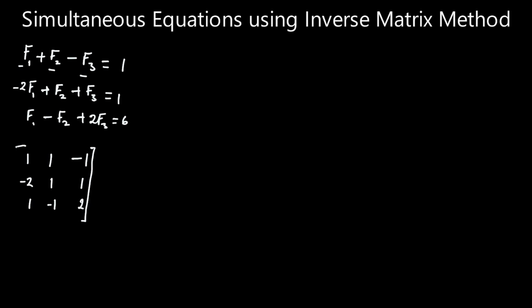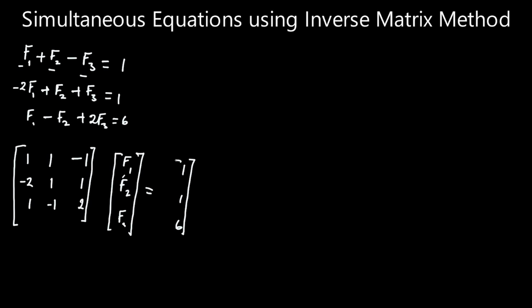So we can see that this is forming a new matrix. Then we can have F1, F2, and F3 here, just written so that it's also in the form of a matrix. And this should be equal to 1, 1, and 6.